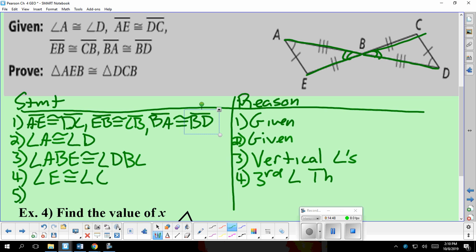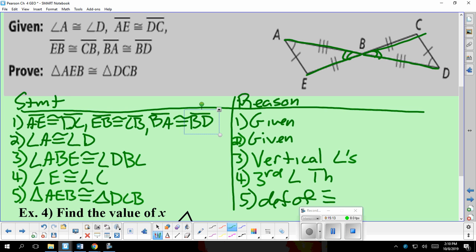And the last one, I've shown all corresponding sides are congruent. All corresponding angles are congruent. Therefore, the two triangles must be congruent. Triangle AEB is congruent to triangle DCB by our definition of congruent figures.